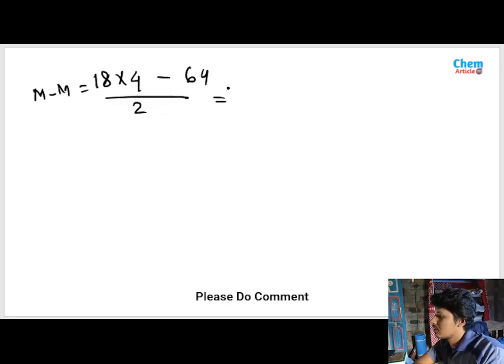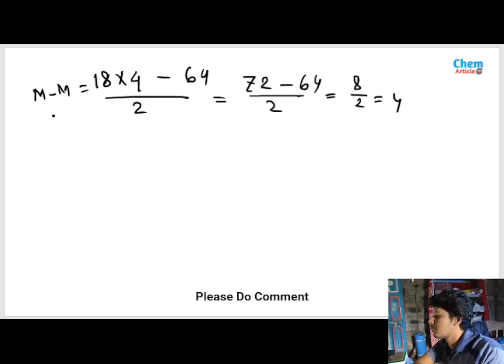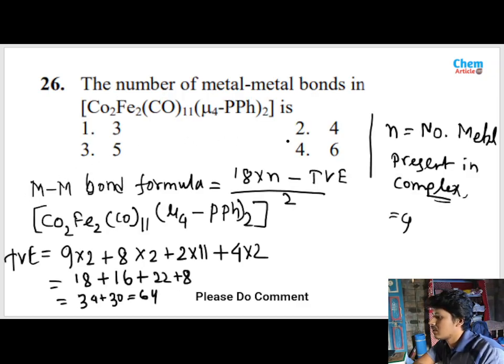That is 72 minus 64, which is 8, divided by 2, that is 4. The total number of metal-metal bonds is 4, and that is the right answer.